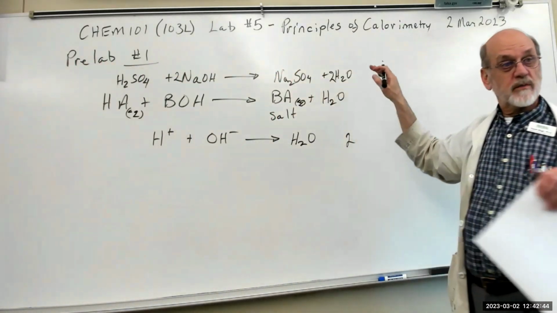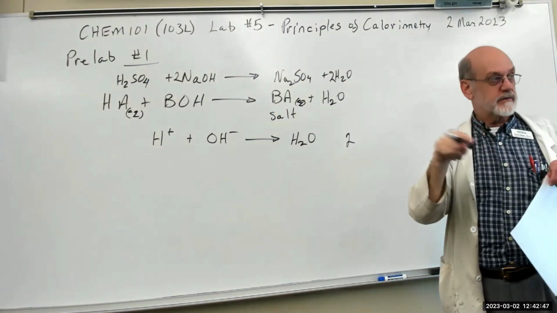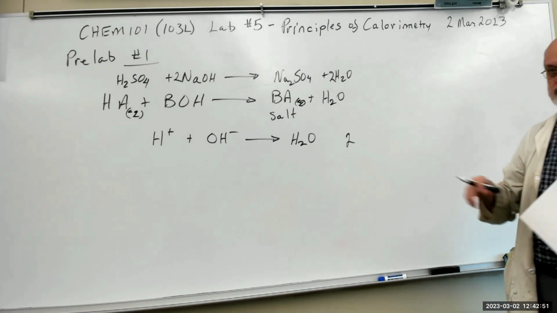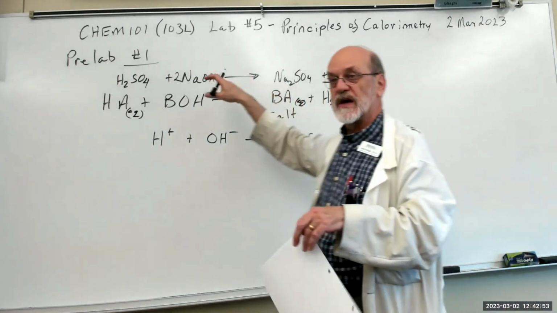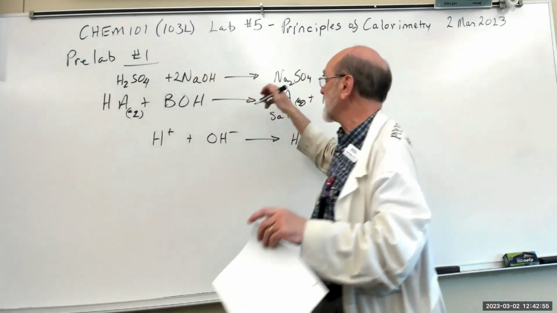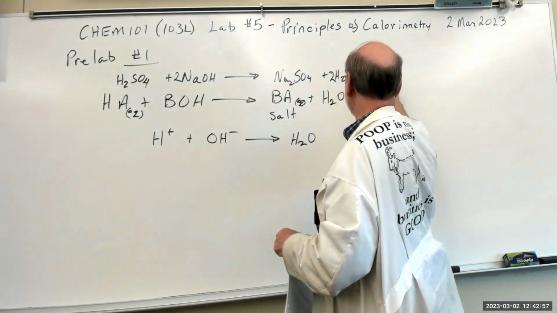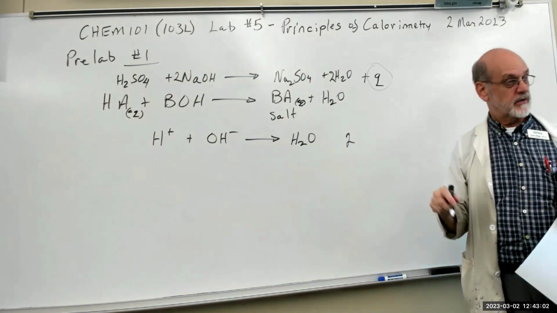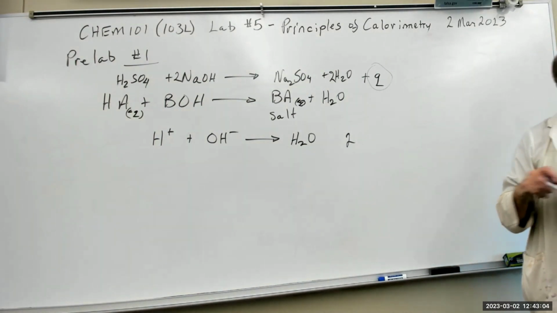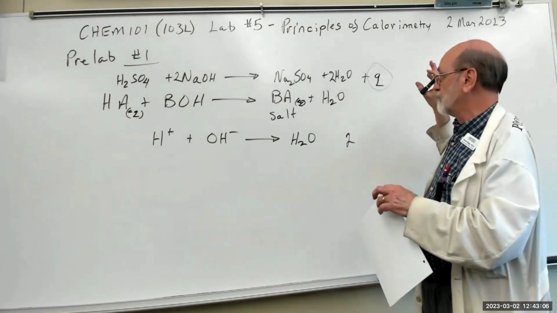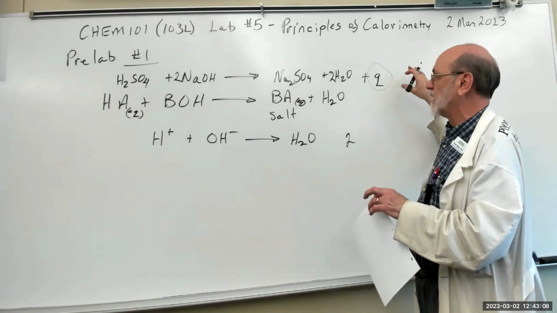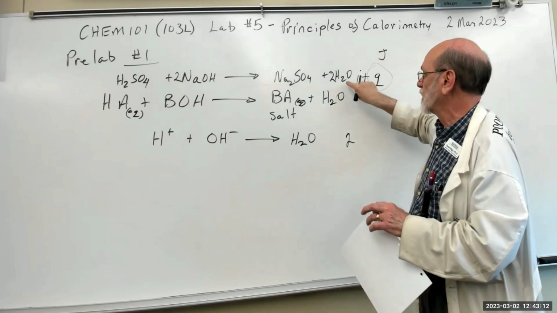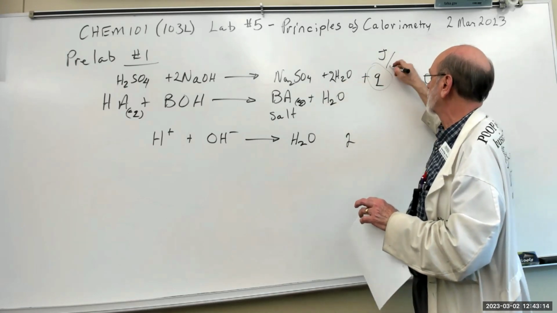That's the reaction that we're going to be using for one of the exercises in this lab, the neutralization of an acid with a base. And it produces heat. So you're going to have heat out here, and we're going to measure that as a change in temperature. And we're going to be able to determine how much heat in terms of joules per mole of water.